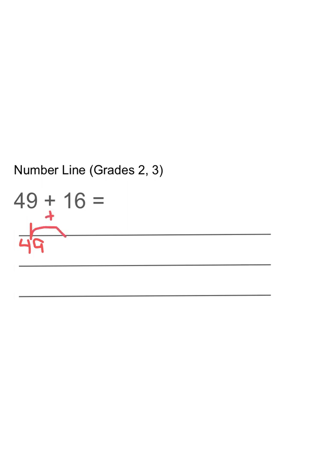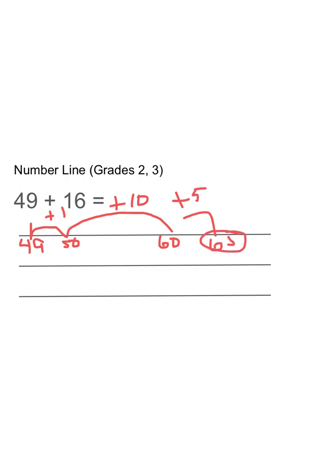Some of them might do a +1 to get to 50, and then add a 10 to get to 60, and add a 5 to get to 65. So then they would add 10 plus 5 plus 1 and know they added 16, and they ended up at 65.